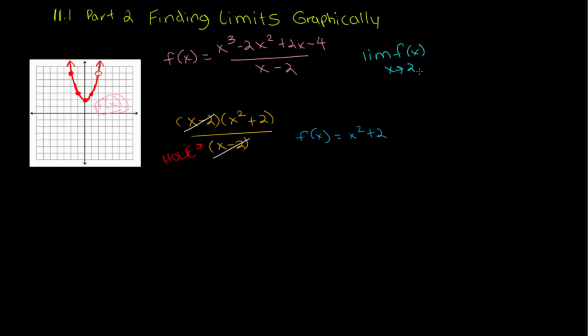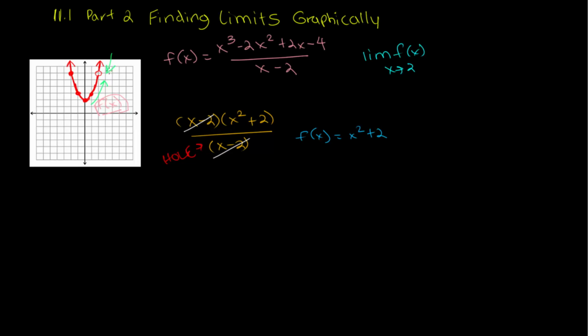Now, to find the limit at x equals 2, we're going to take a look at what happens to the graph as we approach 2 from both the right and the left. As we approach this value 2 from both sides, what is going to happen?